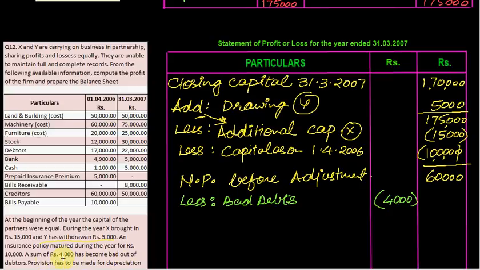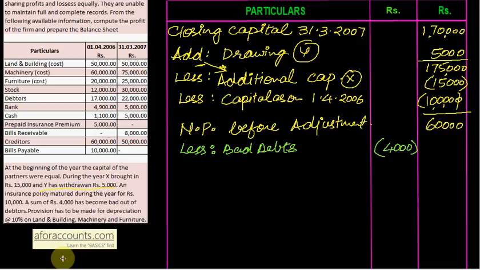Provision has to be made for depreciation at the rate of 10% on land and building, machinery and furniture. So depreciation का provision करेंगे. Less provision for depreciation. बनाएंगे provision तो profit कम होगा.